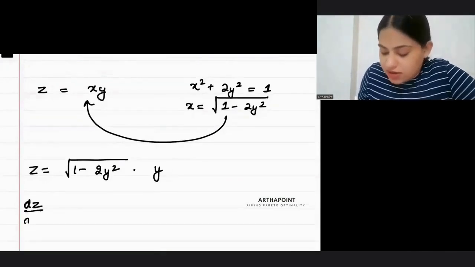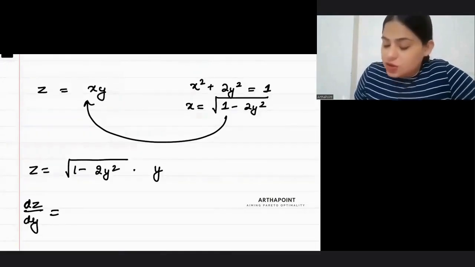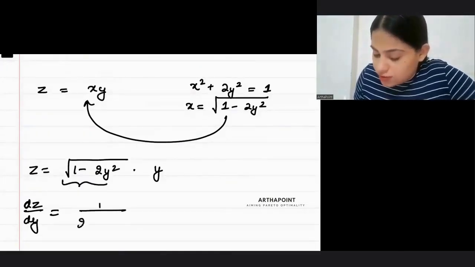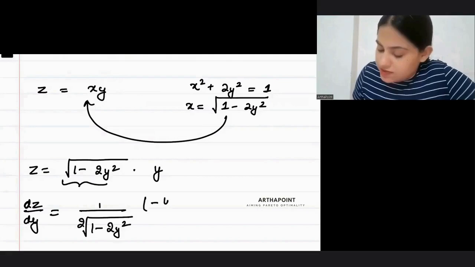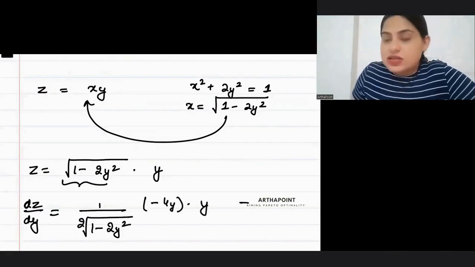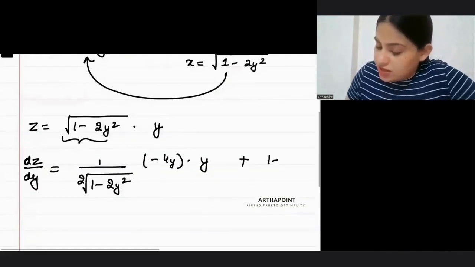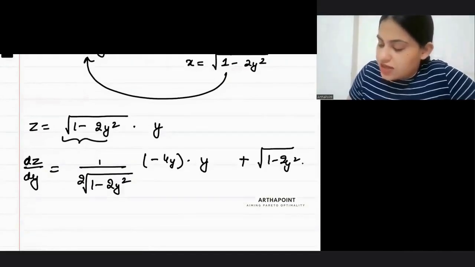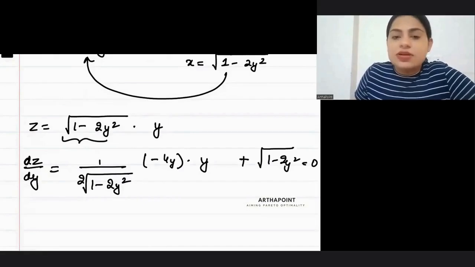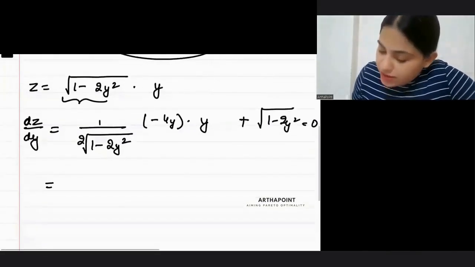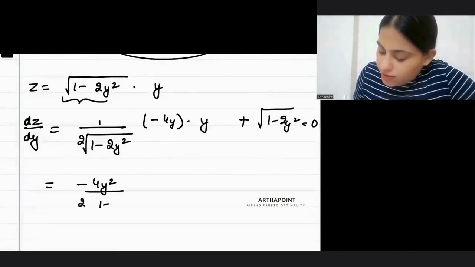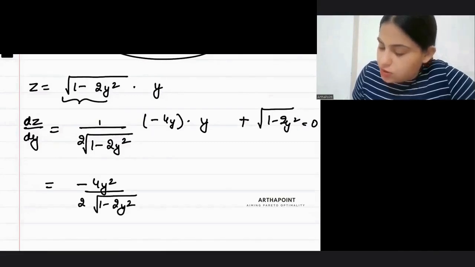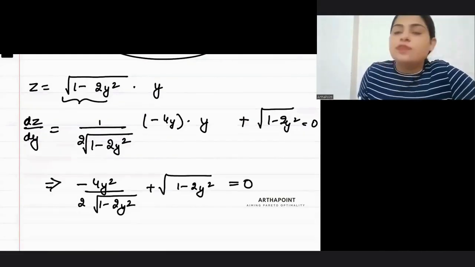Find out the maxima, dz by dy. So differentiate the first function. This will be minus 4y into the second as it is, plus differentiate the second into the first as it is, and equate it to 0. So what will you get? You will get minus 4y squared upon the square root of 1 minus 2y squared, plus the square root of 1 minus 2y squared, is equal to 0.